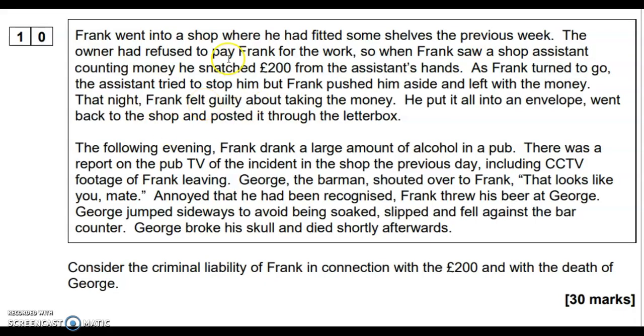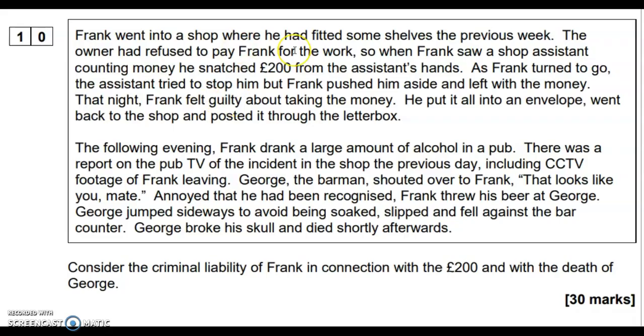Even though you might be saying in your answer that you're not certain that he's got the mens rea for theft because of the points that we've mentioned, still go on and consider, and say if he meets the mens rea for theft, he could potentially be guilty of the more serious offence of robbery.